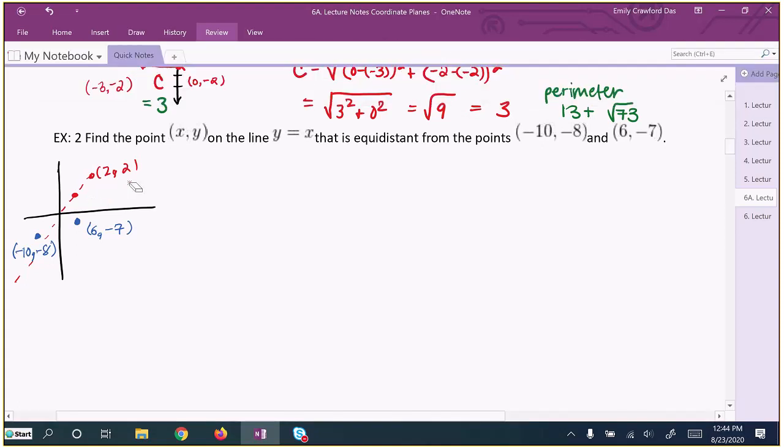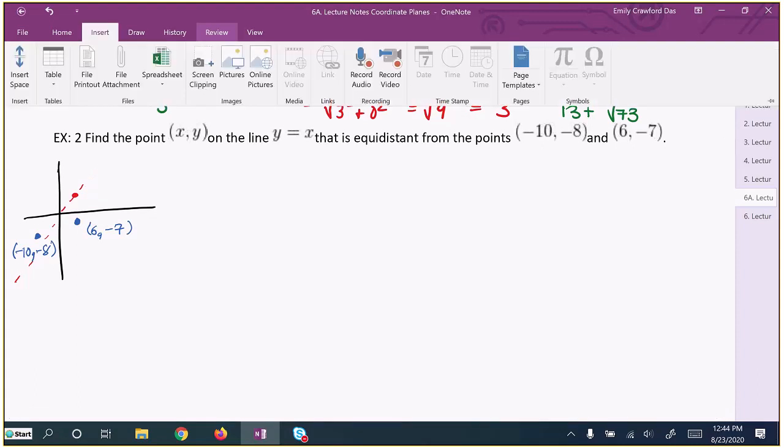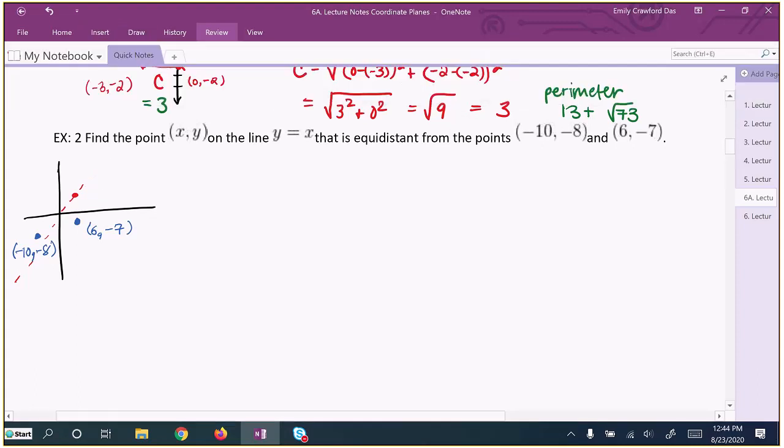So that is to say that any point on the line y equals x has the form x, x. By that I just mean that the y-coordinate is going to be the same number as the x-coordinate, whatever it is. And then we're looking for a point like this, x, x, where this distance from 6, -7 is exactly the same as this distance from -10, -8.